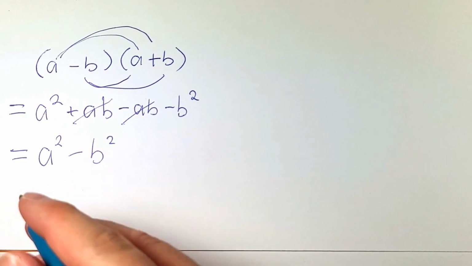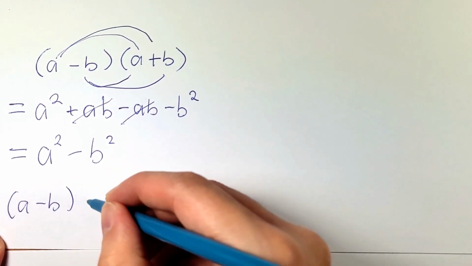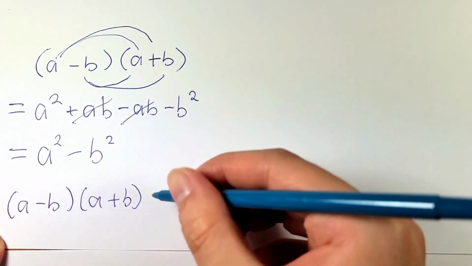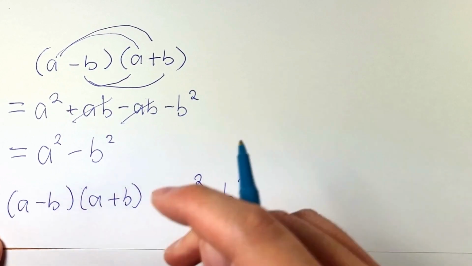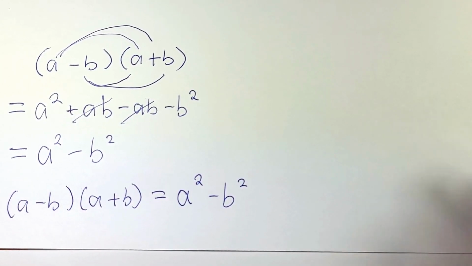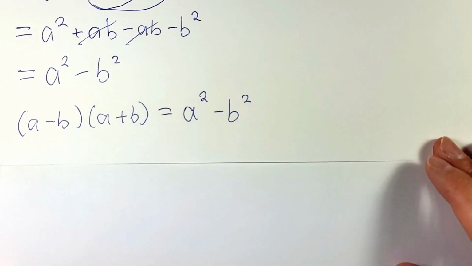And so to summarize, the difference of squares rule is a minus b times a plus b equals a squared minus b squared. So next, what I'm going to do here is I'm going to make some substitutions.